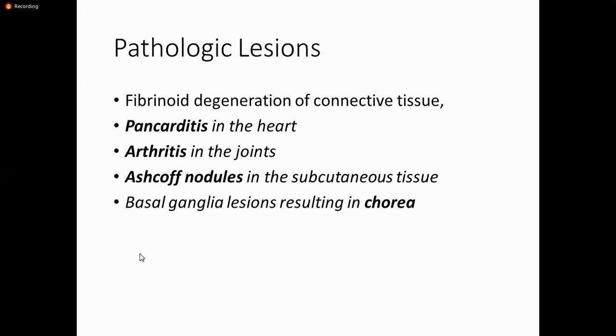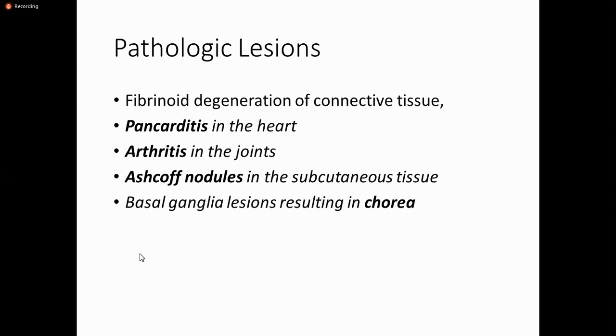Pathologically, there is fibrinoid degeneration of the connective tissue of the cardiac muscle, as well as the joint tissues and the skin, where we observe Aschoff nodules in the subcutaneous tissues, and sometimes this fibrinoid degeneration can be observed at the basal ganglion, resulting in chorea.